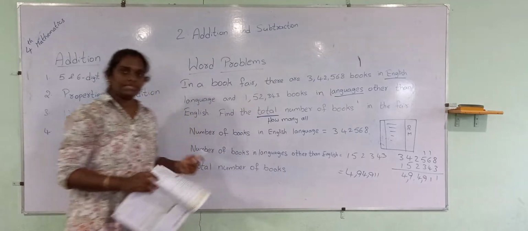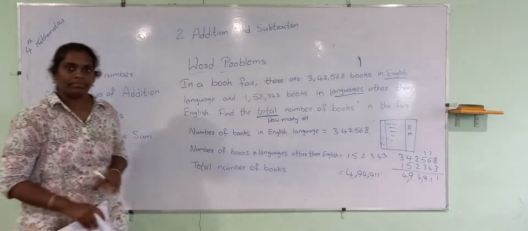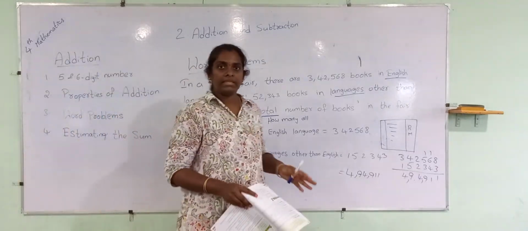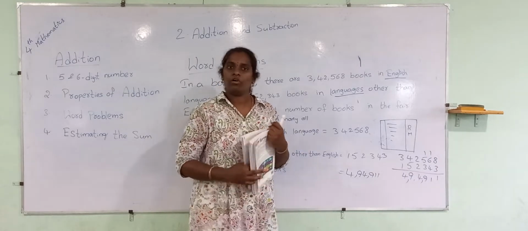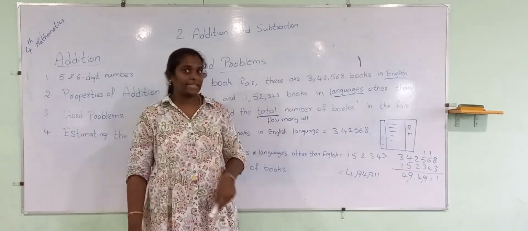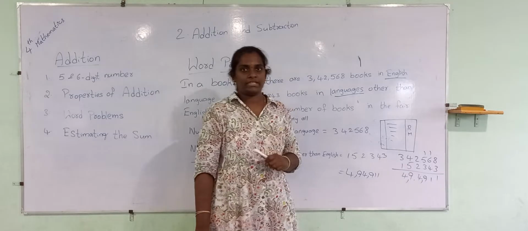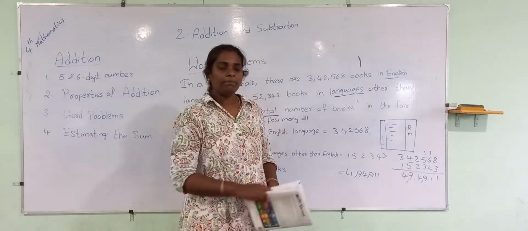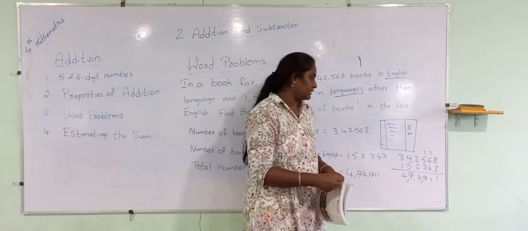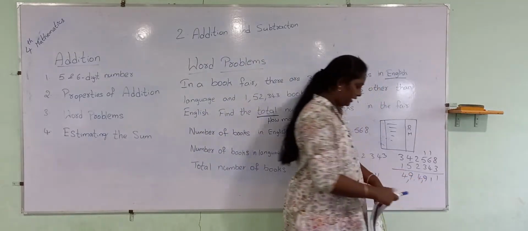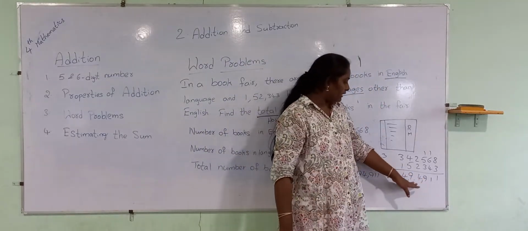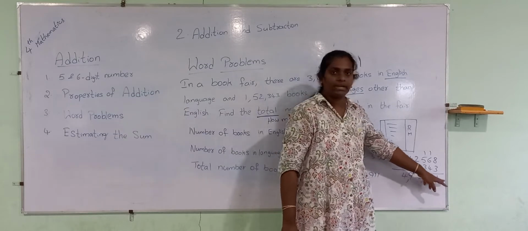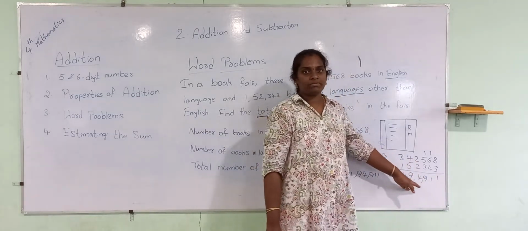Now we'll discuss estimating the sum. Nothing is there. In the first chapter I already explained estimation, how to do the estimation: nearest to 10, nearest to 100 and nearest to 1000. If we do the addition and some result came, like 4,94,911, we have to estimate this number.